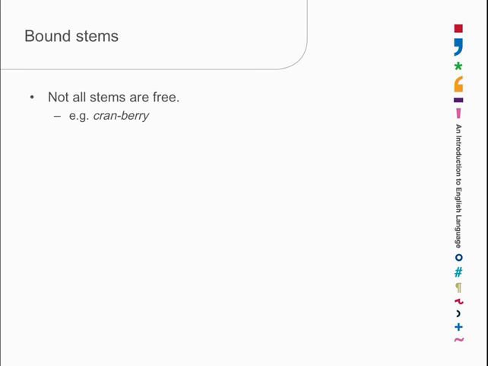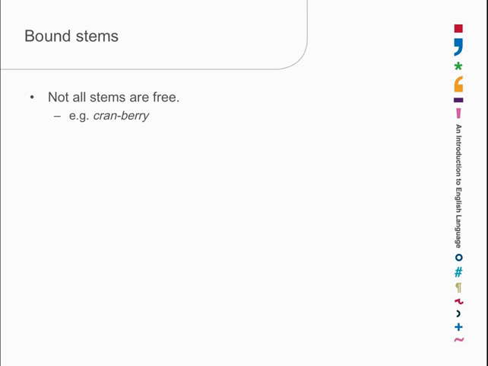There are some product names like cranapple juice where it's been hijacked by advertising copywriters, but generally the word cran has to be a stem, so this is something like a compound word where the cran bit only occurs in this one word. And there are other berry words like huckleberry and so on where we also just have a bound stem. So bound stems exist, but they're not very common.